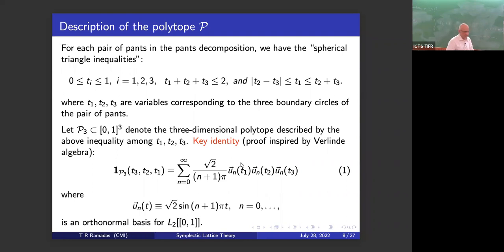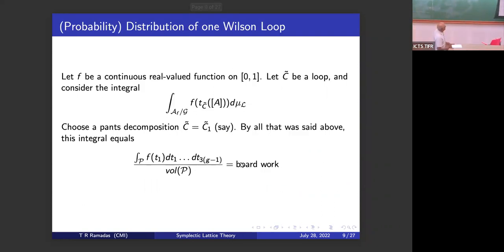Let me go ahead. So my point is that this is an effective way of computing how Wilson loops behave with respect to the symplectic side. Okay. Now, in fact, you can do two Wilson loops, and you can see what is their joint distribution.